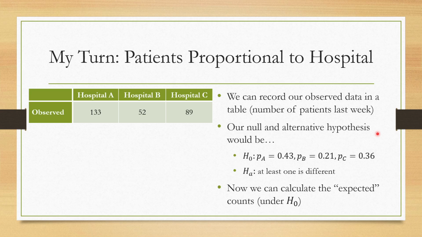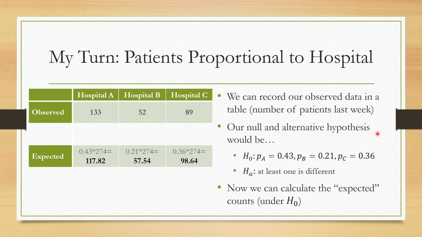And so now that I have my proportions, now we can calculate the expected value under the null hypothesis. Remember how we do this. I want to take my null hypothesized value, I multiply it by the total number of patients I have in my sample.